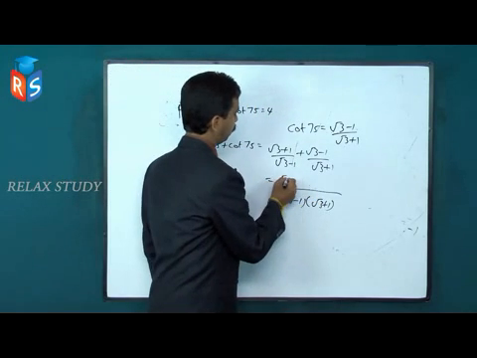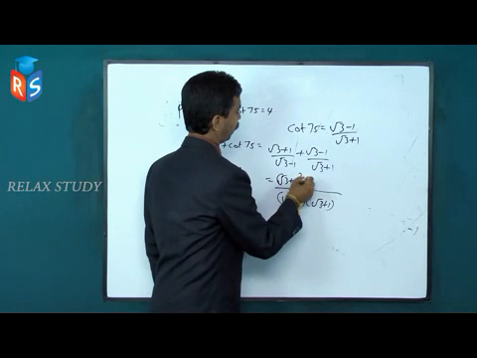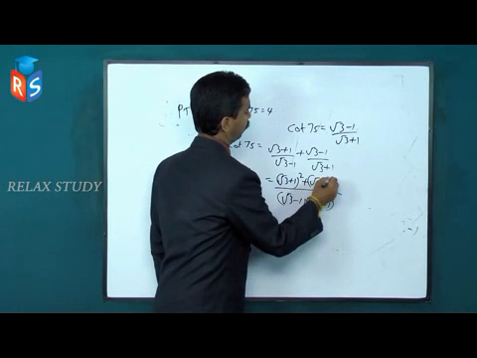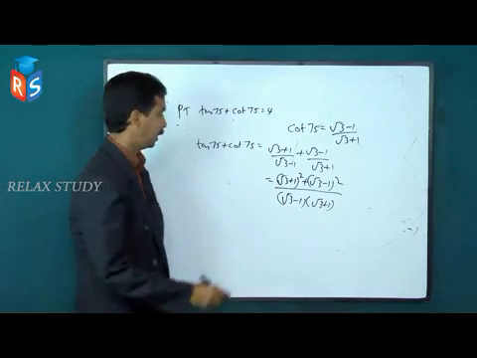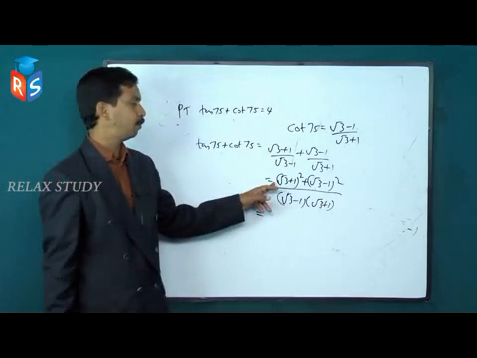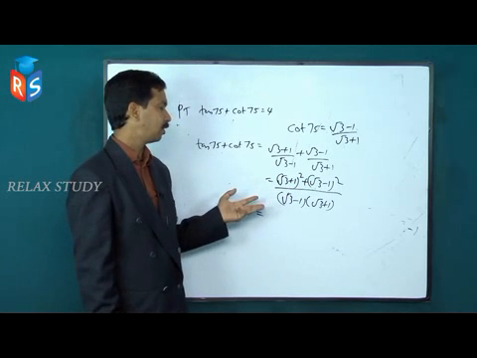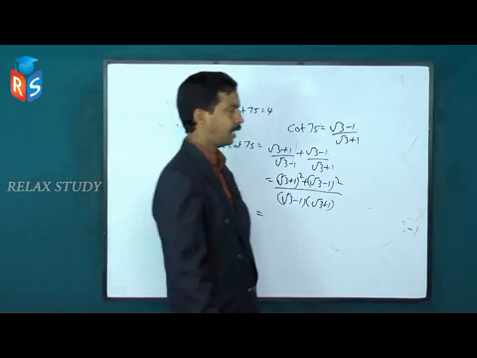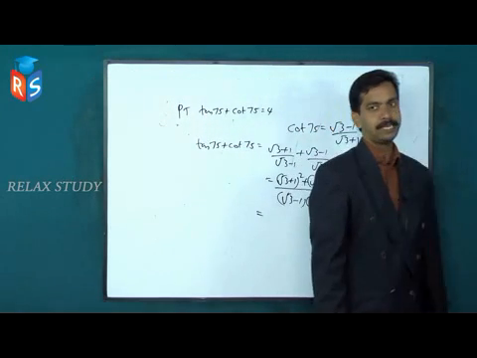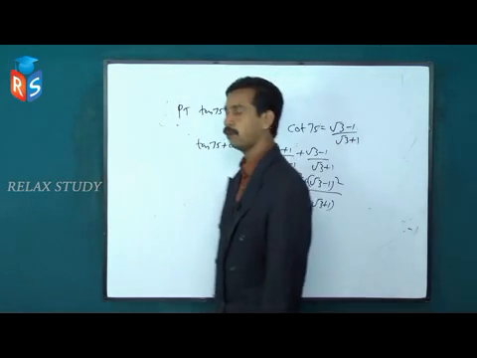Here we get root 3 plus 1 all square plus root 3 minus 1 all square. Simplifying using the identities for a plus b all square and a minus b all square. We know a plus b all square equals a square plus 2ab plus b square, and a minus b all square equals a square minus 2ab plus b square.